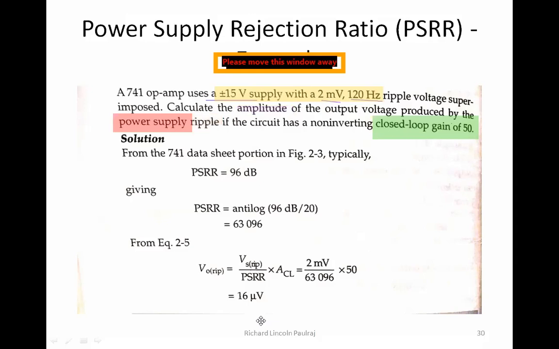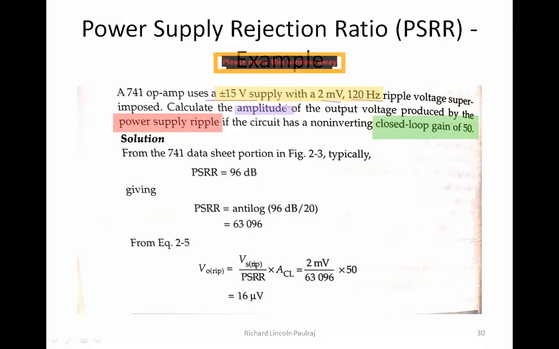Very good. So we are looking at how effective it is at stabilizing, or compensating for, the changes that happen in the power supply. Okay, fine. So having this definition in mind, and the values that have to be computed, we will move on.